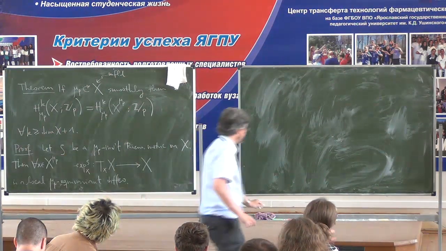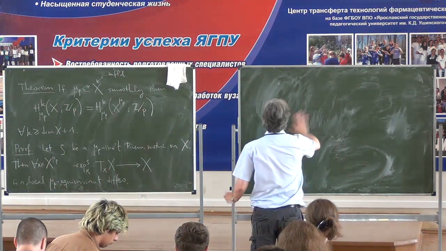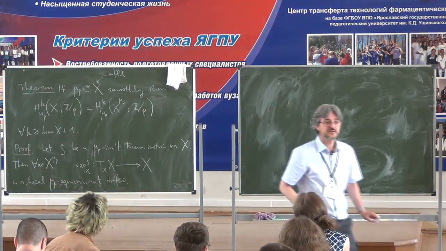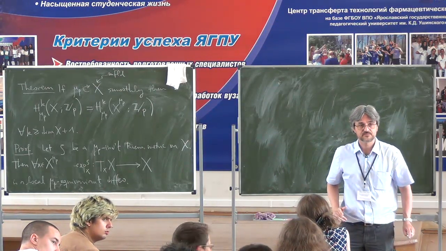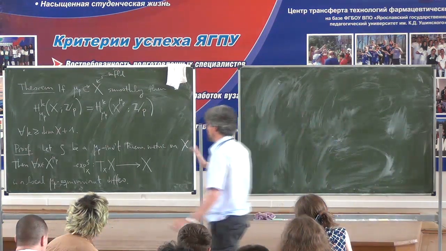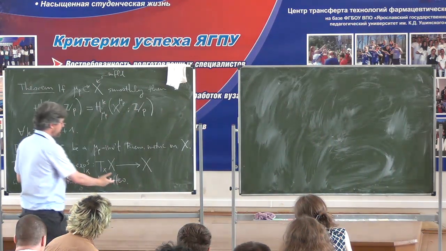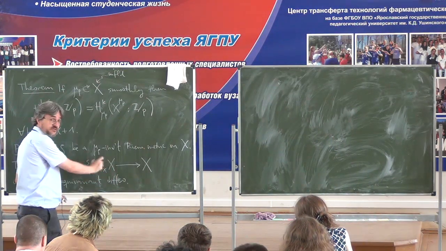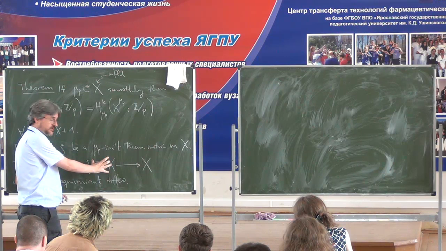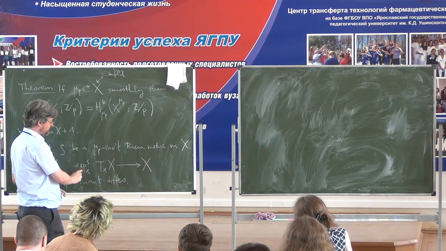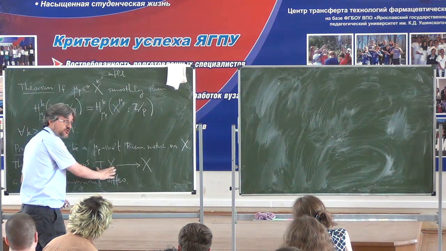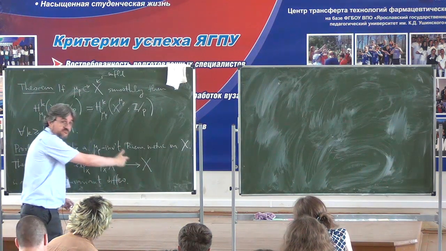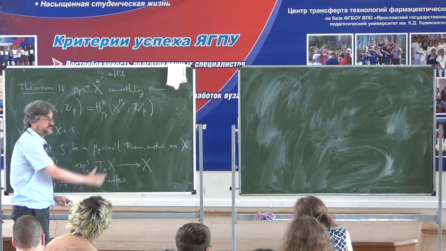Okay, so equivariant means the following. In general, what I mean by that is that there is a neighborhood of 0, U, such that the restriction of the exponential map to U gives a diffeomorphism between U and the image of U, which will be a neighborhood of x.